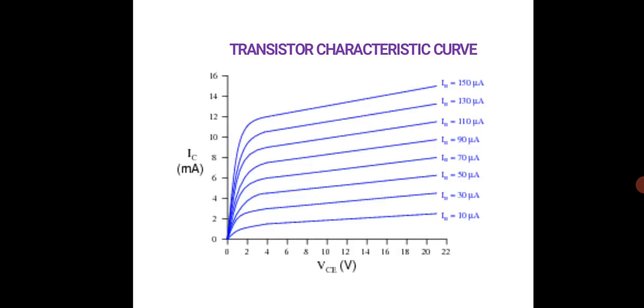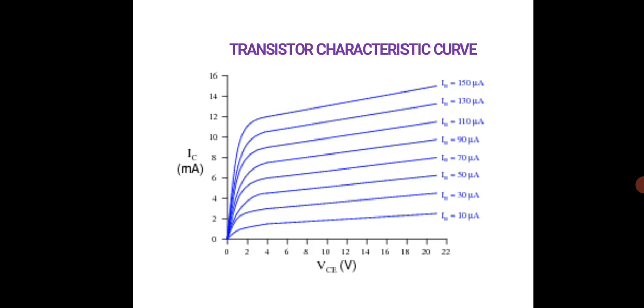So this is the transistor characteristic curve, which is drawn between the collector emitter voltage and IC, that is, the collector current. This is drawn for the emitter configuration. Here you could see the base current, with very low values ranging from 10 to 150.